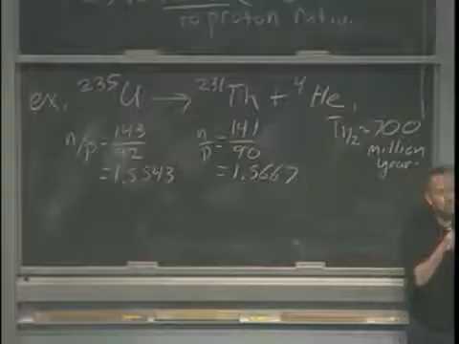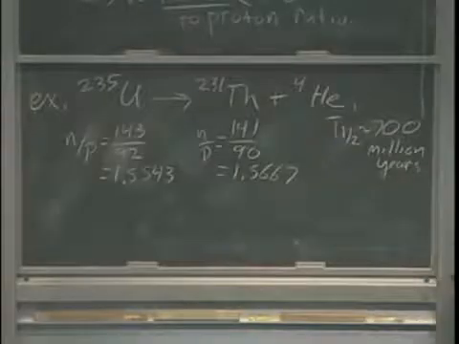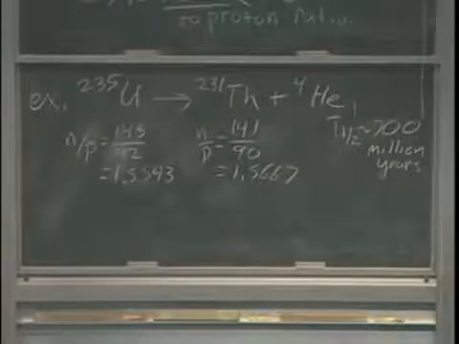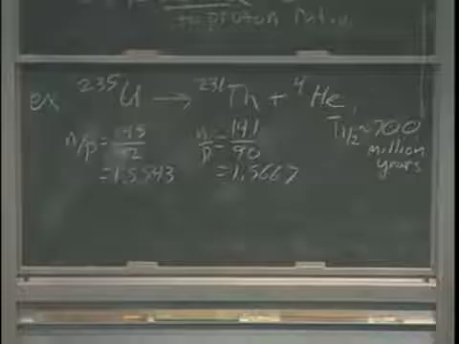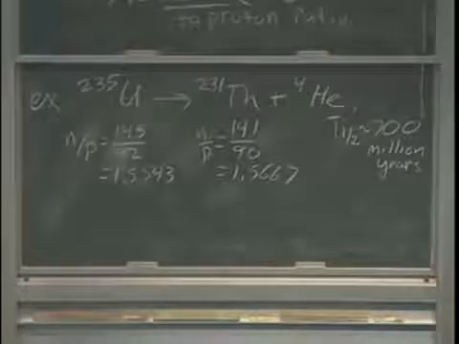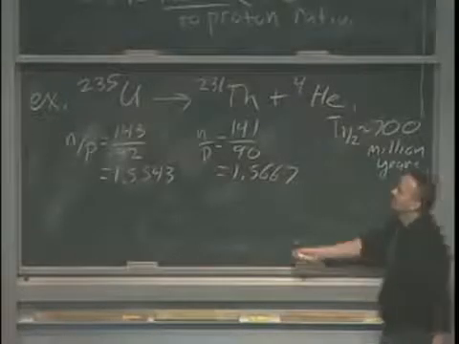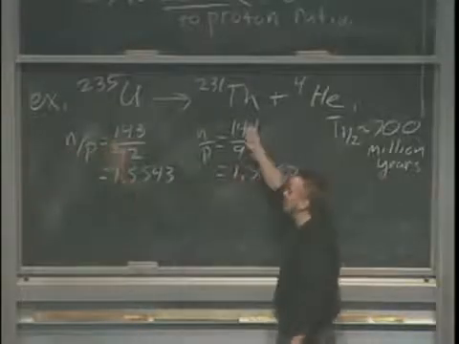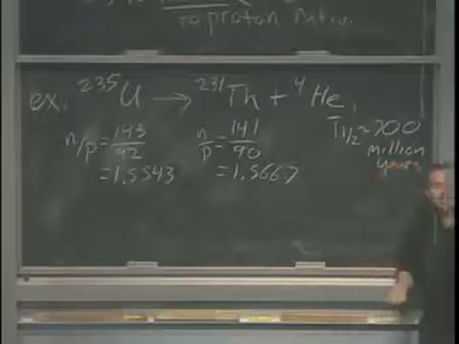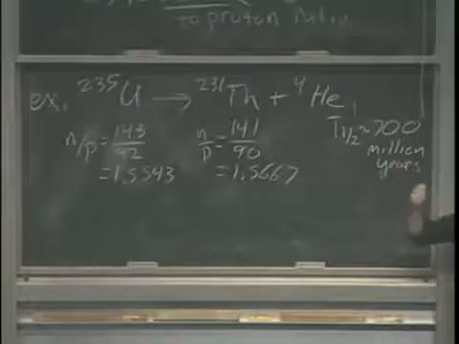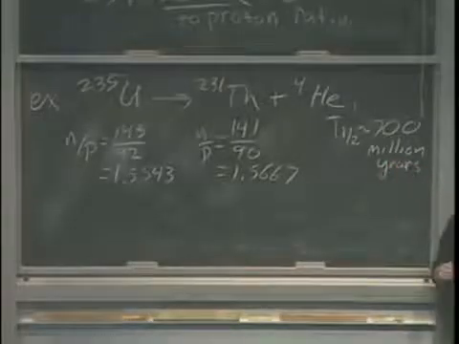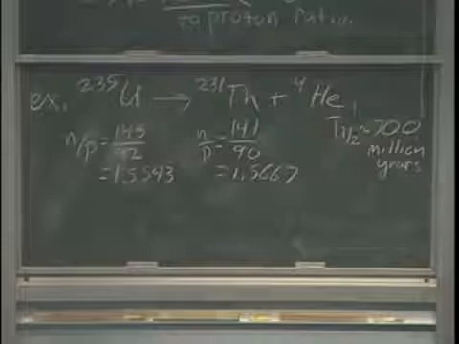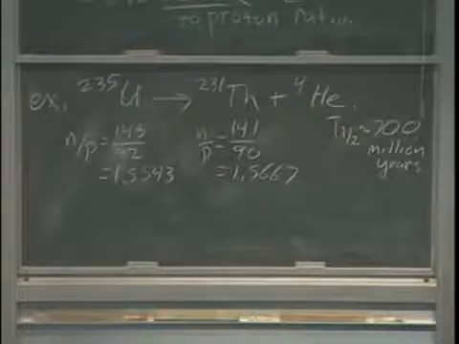Now the reason for that is, remember that heavy nuclei have, in general, more neutrons than protons. So if you eject out a helium nucleus that has 2 neutrons and 2 protons, then you're decreasing the relative number of protons by a bigger effect than you're decreasing the relative number of neutrons, because it has more neutrons to start with.